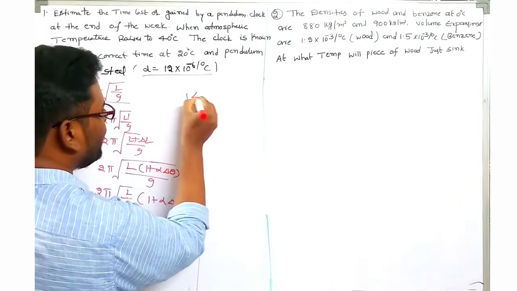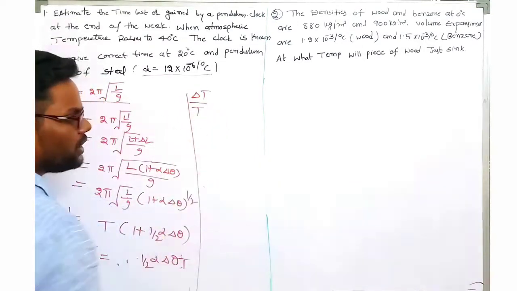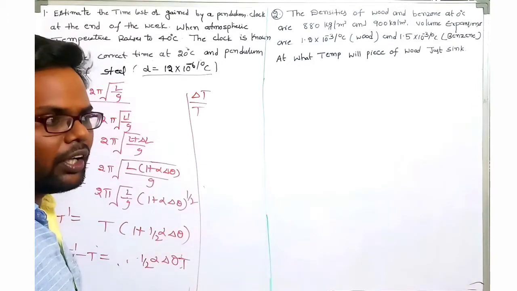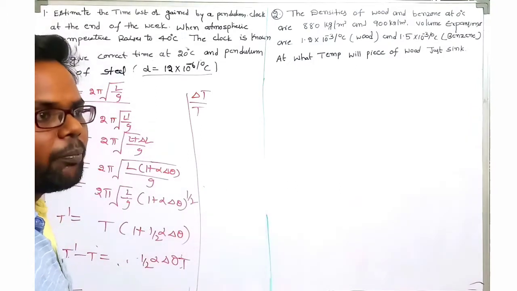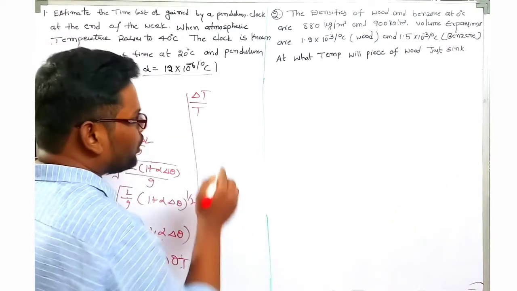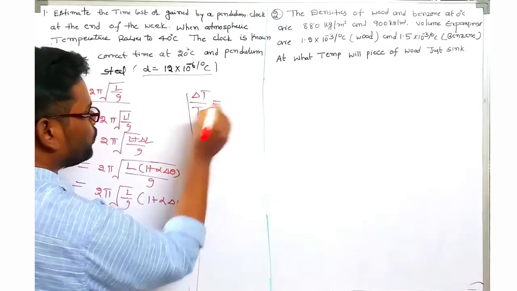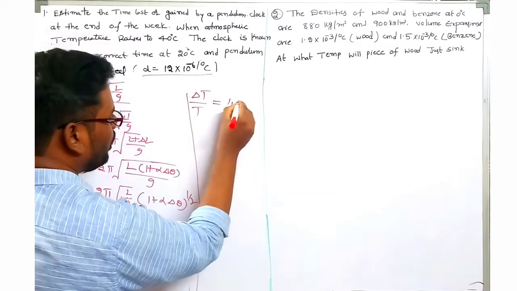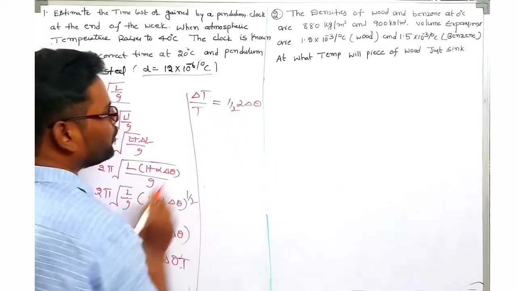So delta T by T is the fractional change in time period, or the time lost or gained by the pendulum clock per second. That is, delta T by T equals half alpha delta theta, right?